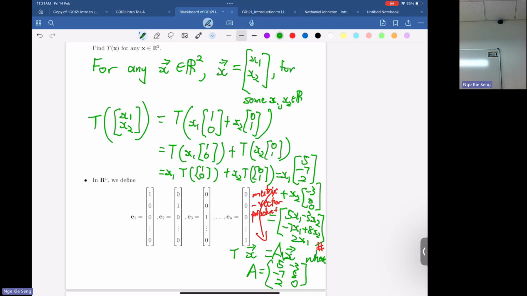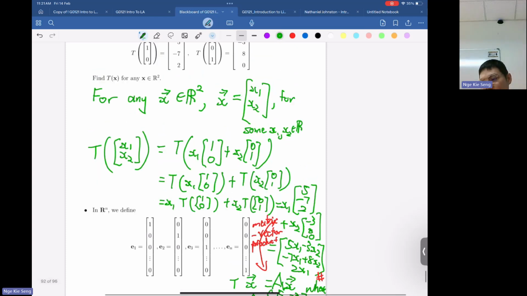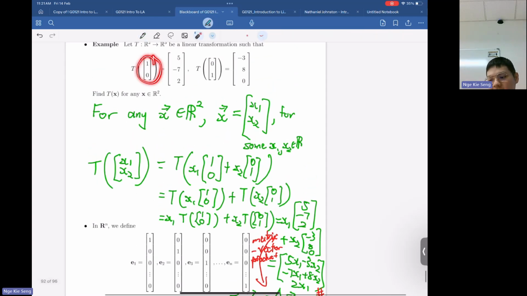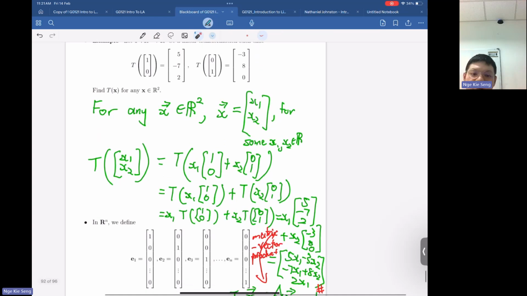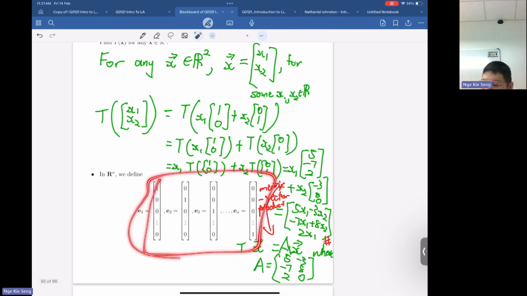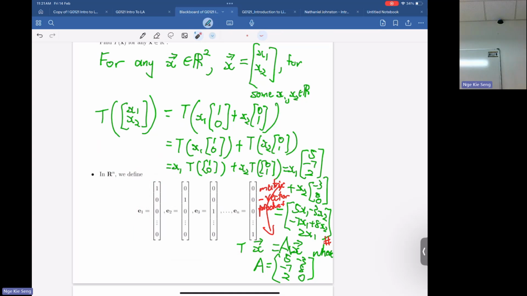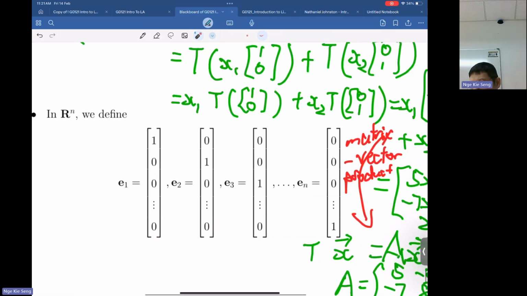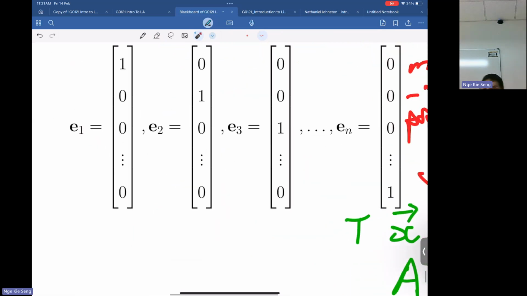Actually, this is very special. Why can you do this? Because of a clever choice of these vectors, (1, 0) and (0, 1). This is what we call the standard basis in R2. In Rn, you can consider n possibilities here.